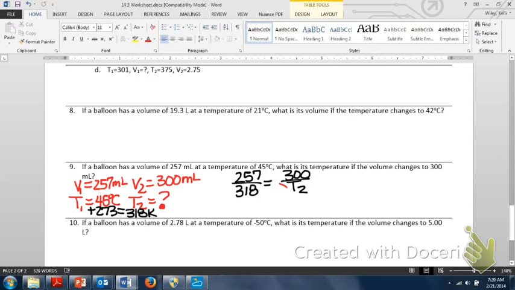Then you have to cross multiply, just like the last one. So I would have 257 T2, and then 300 times 318, which is 95,400. Then basically divide each side by 257.